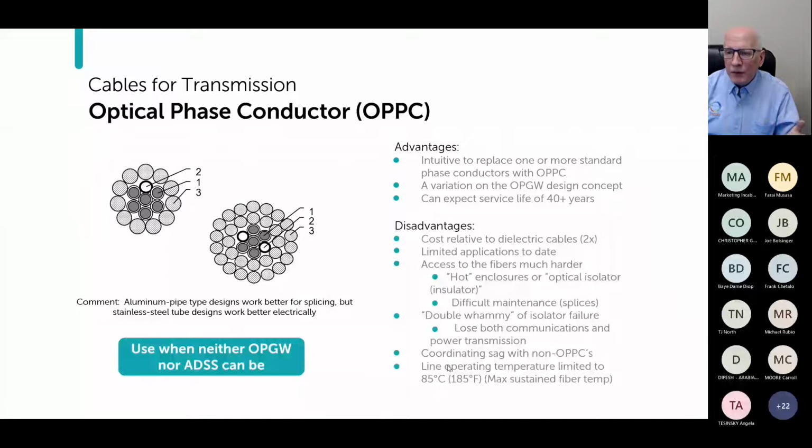If you only replace one phase or one conductor in a bundle, you're going to have problems with coordinating sag.